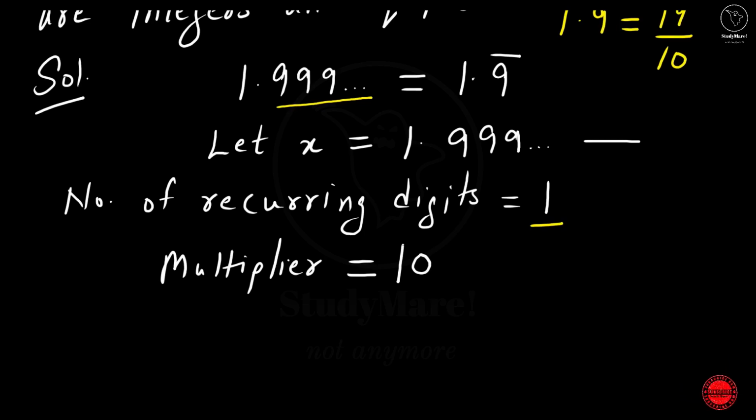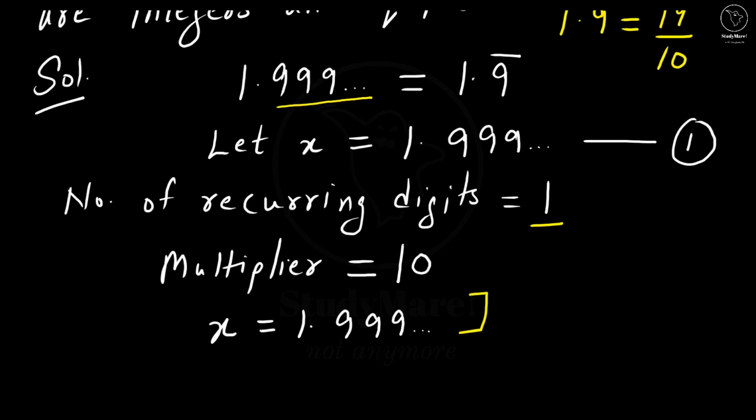Let us name this equation 1 and multiply the multiplier in this equation. So we have x is equal to 1.999 and so on. Multiply this entire equation with 10. That means 10 is to be multiplied on both the sides.